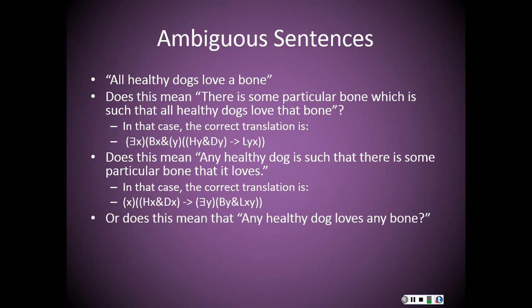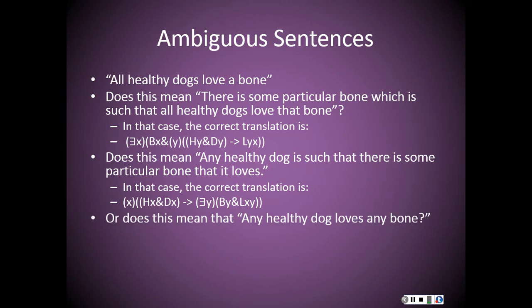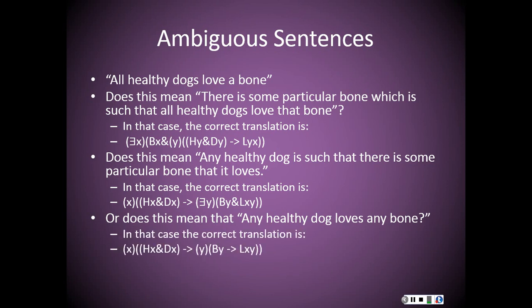Another possible interpretation of this sentence is any healthy dog loves any bone. In that case, the correct translation of the original sentence is, for any x, if x is healthy and x is a dog, then for any y, if y is a bone, then x loves y.